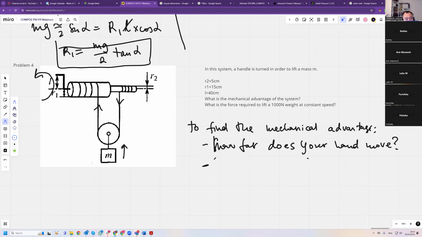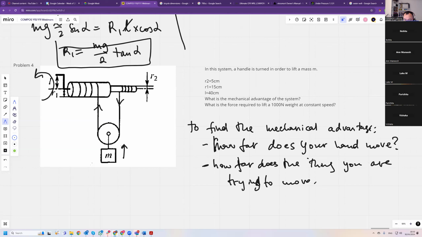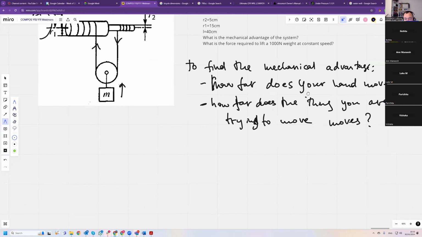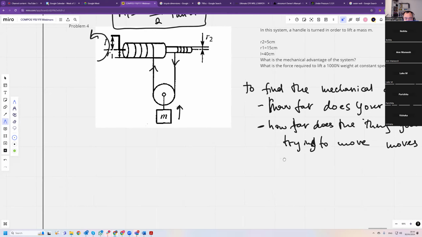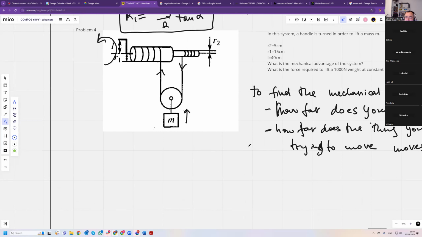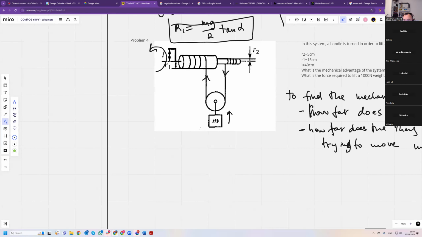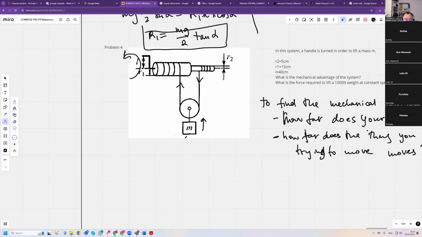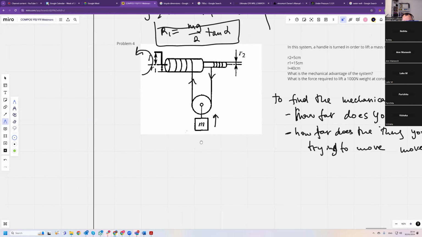And secondly, how far does the thing you are trying to move move? Okay. Sorry for the handwriting. It's a bit pointless because you can't read what I've written.